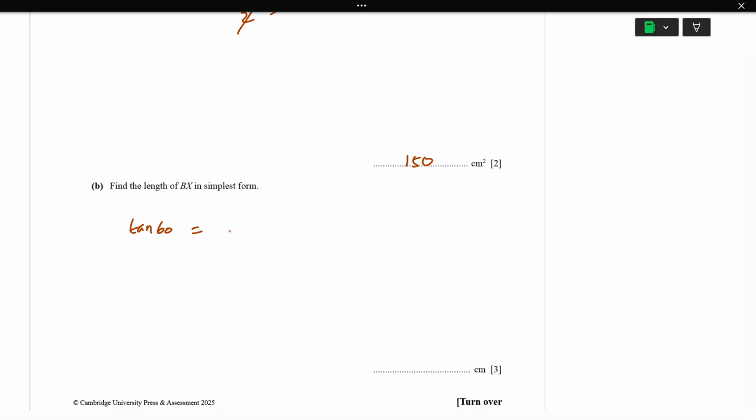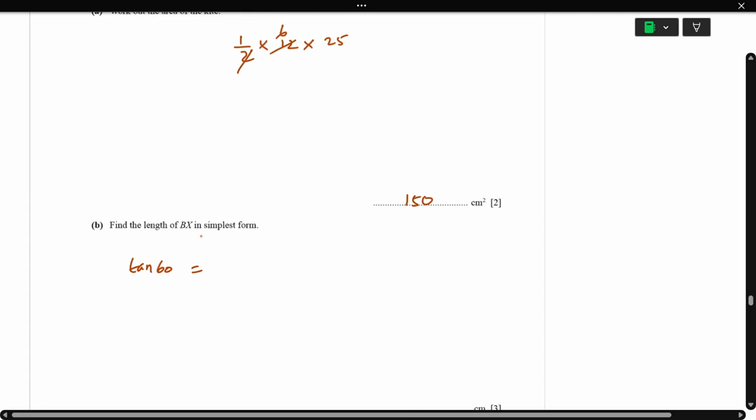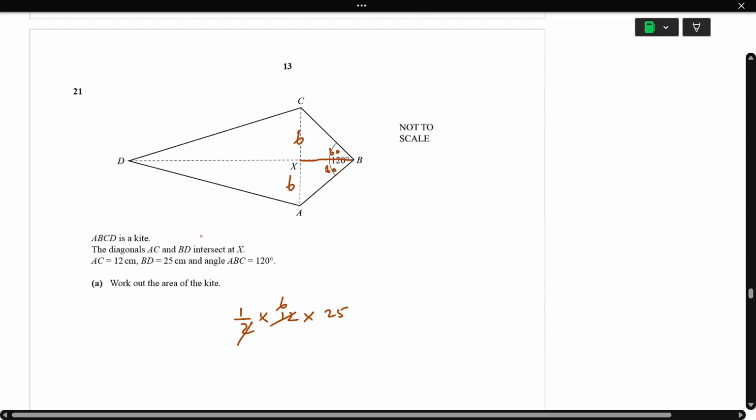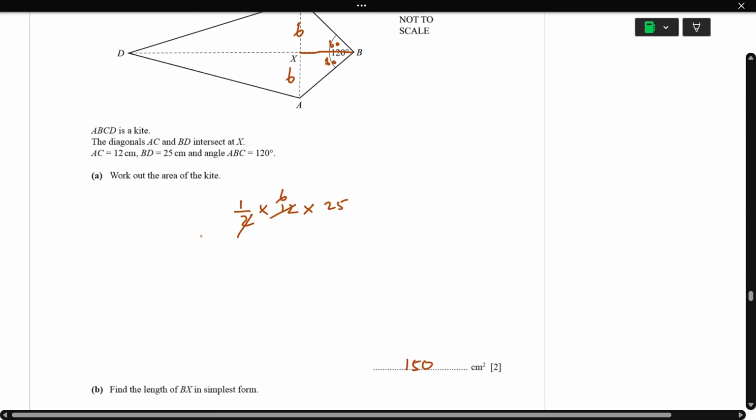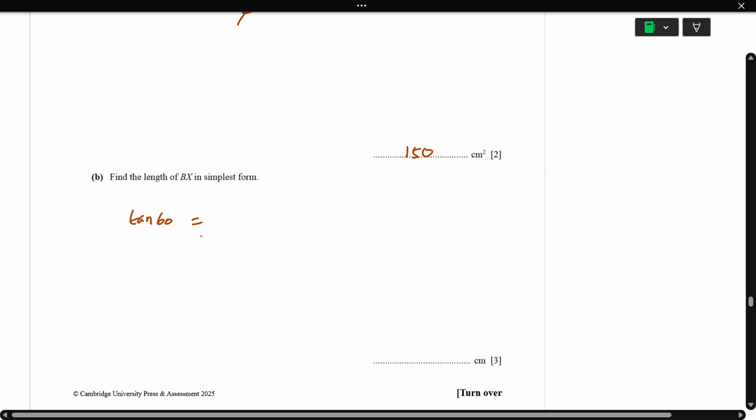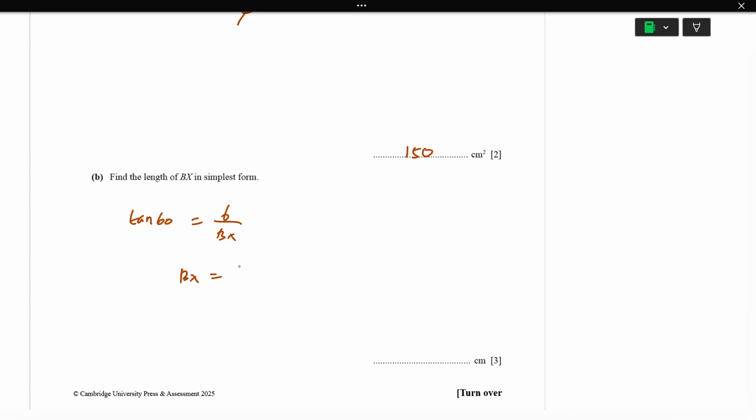Tan 60 equal to 6 over BX. So BX equal to 6 over tan 60.